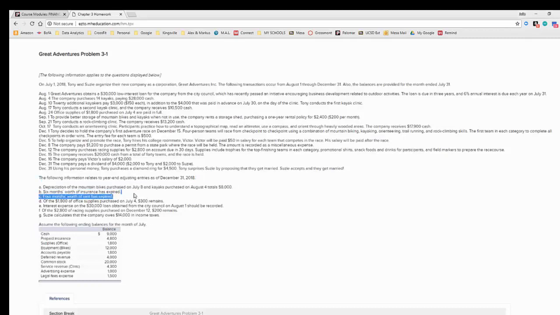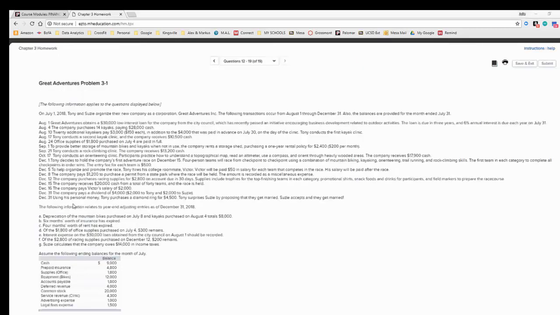Then when I say that 6 months' worth of insurance has expired, I'm going to come back up here, and I can see that the prepaid insurance has a balance of $4,800, and here they tell me that 6 months of it has expired. So I'm going to take the monthly amount and include insurance expense for the 6 months that's expired.